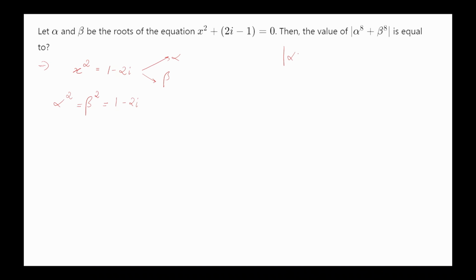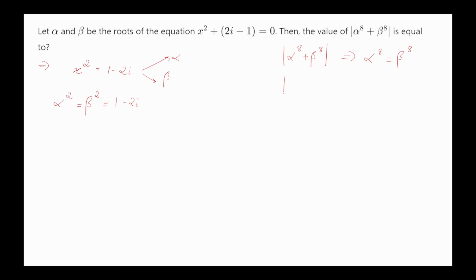So if I have alpha to the power 8 plus beta to the power 8, can't I write this alpha to the power 8 as equal to beta to the power 8? Because if alpha square is equal to beta square, and if I square both the sides twice, then it would simply become alpha to the power 8 and beta to the power 8, right?